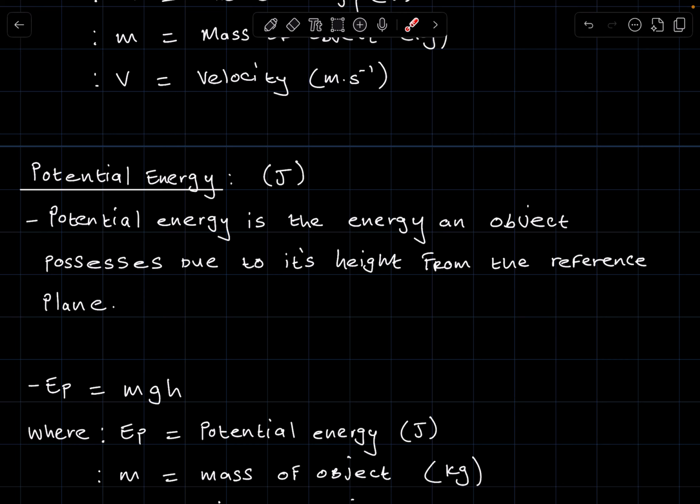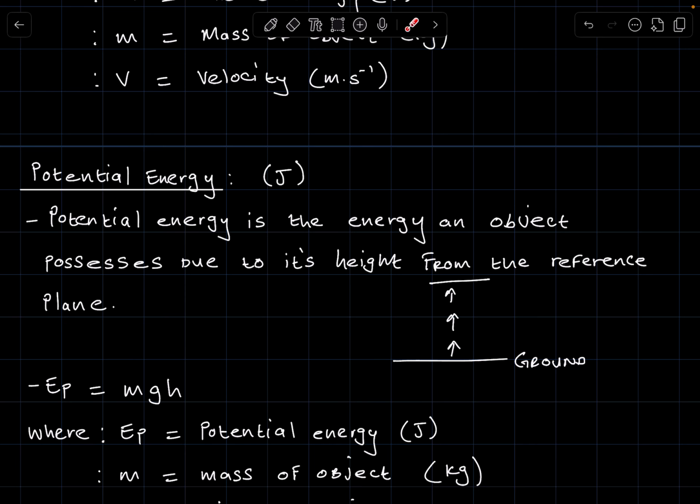That is why we say that potential energy is the energy an object possesses due to its height from the reference plane. So if you have an object, say that's the ground, and say you throw an object vertically upwards to some height.